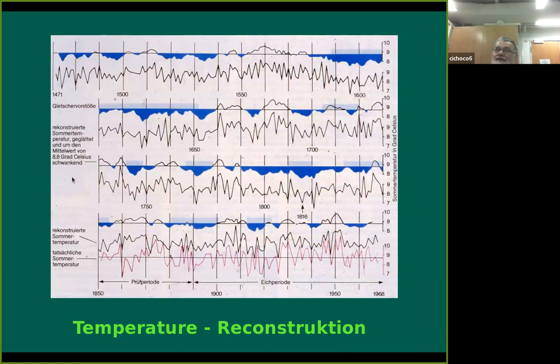So in this case, the investigation of glaciers helps to verify the temperature reconstruction, because usually if the glaciers are coming down, then of course the mean temperature is also more or less at a minimum. And if this has a good correlation, then the reconstruction seems to work.